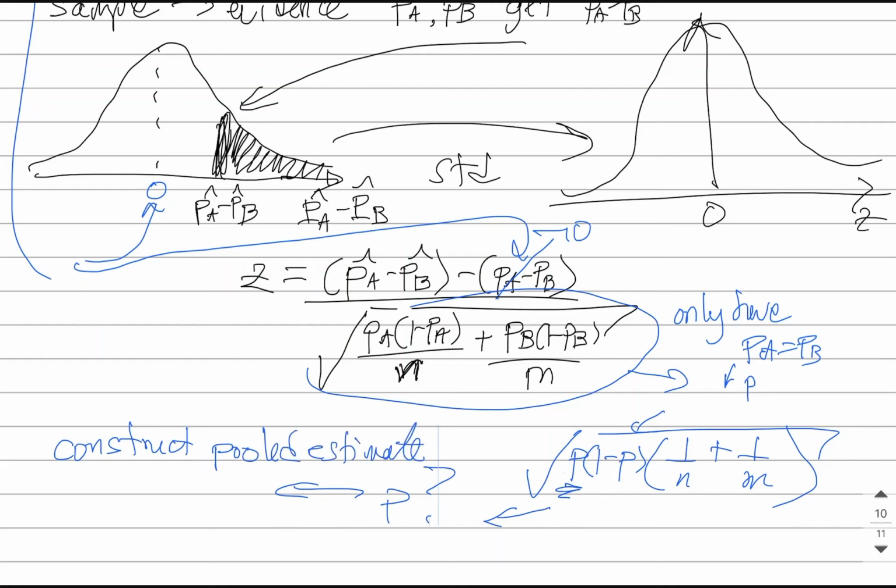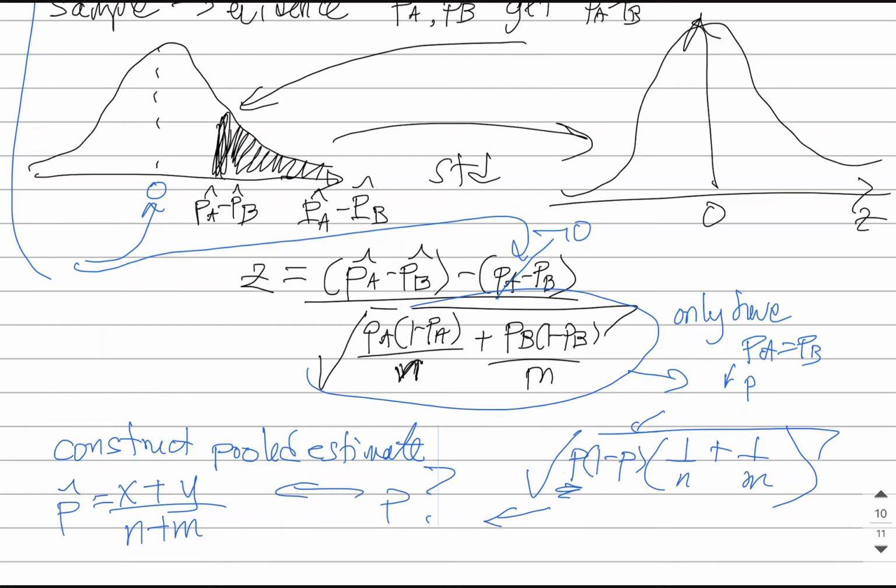So essentially, it's a linear combination of the two sample averages, and they're weighted by the size of each sample. So if one sample is much, much larger than the other one, then that sample proportion will get more weight and vice versa. It simplifies down to just adding the number of successes divided by the sum of the sample sizes.